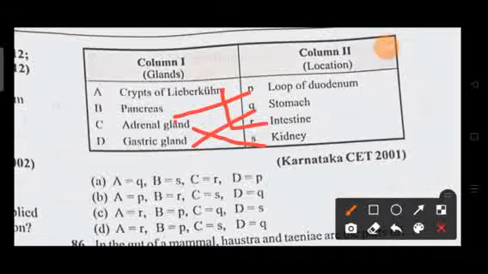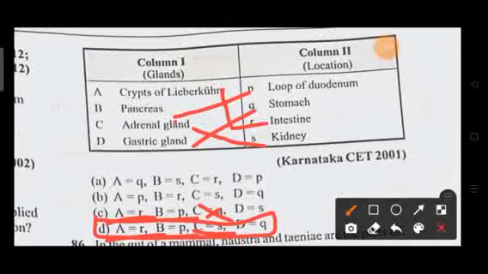So A is R, at two positions. B is P, at two positions. Adrenal gland, C is yes. So this is wrong, this is right. So the answer can be the D option only. So answer is D.